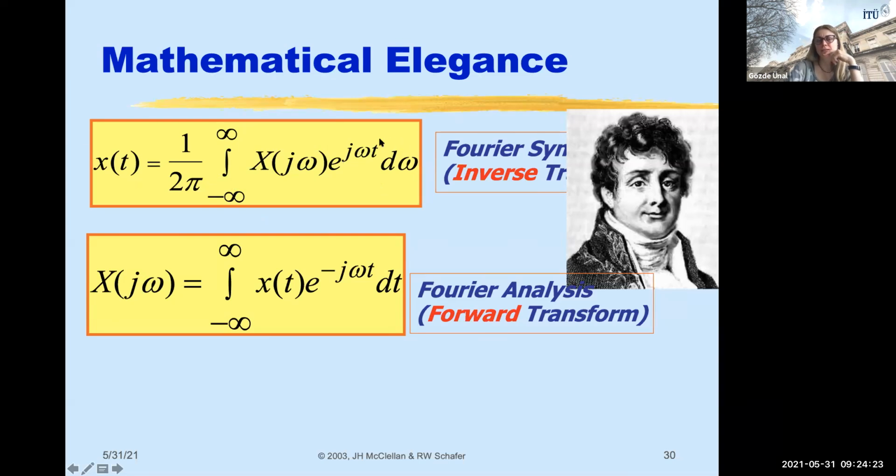Decompose your signal onto these basis functions. So I have weights in this transform domain that tell me the weight of each frequency component omega. I hope it's clear. This can be really mentioned as a mathematical elegance.